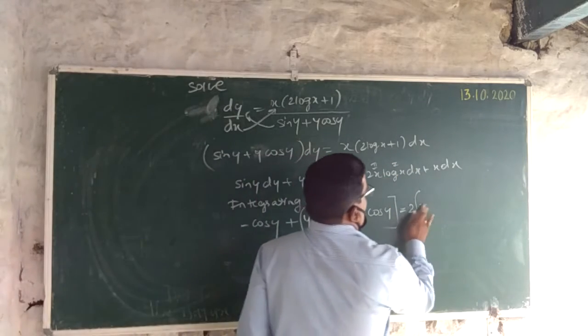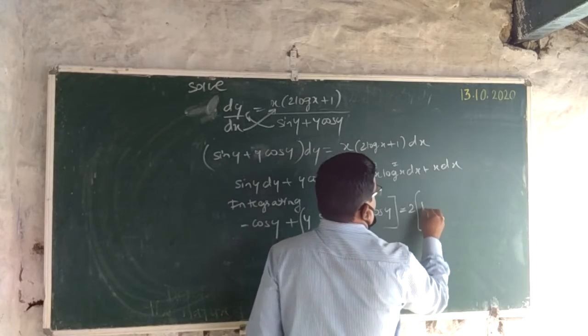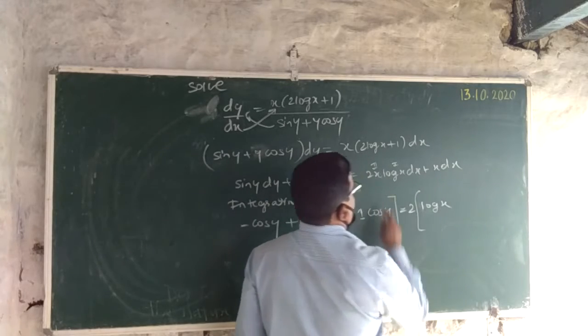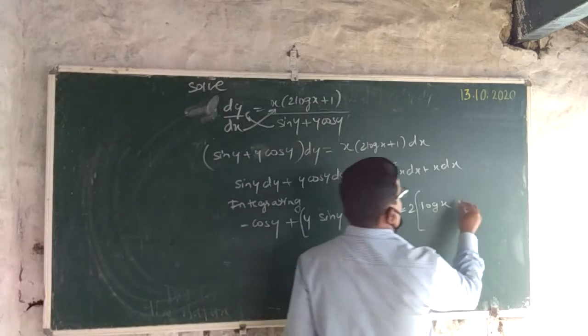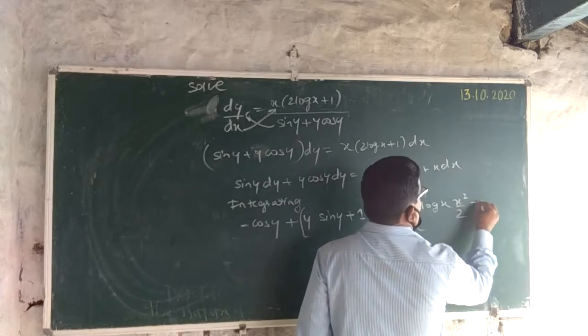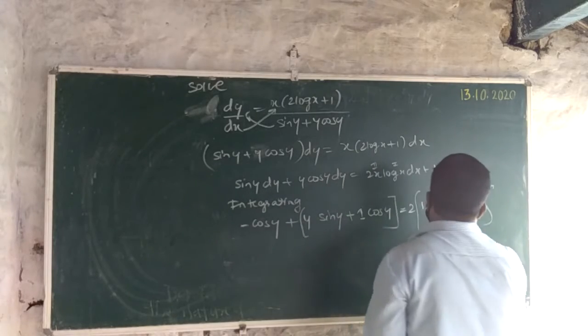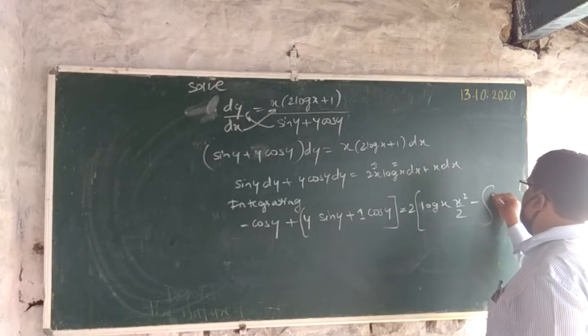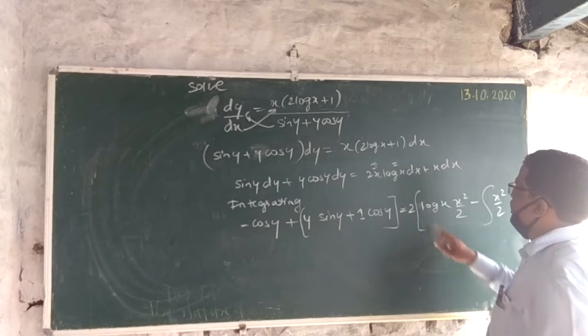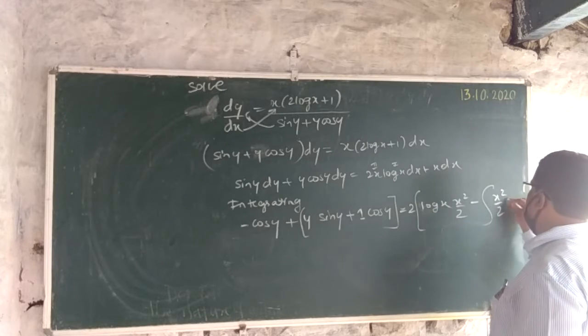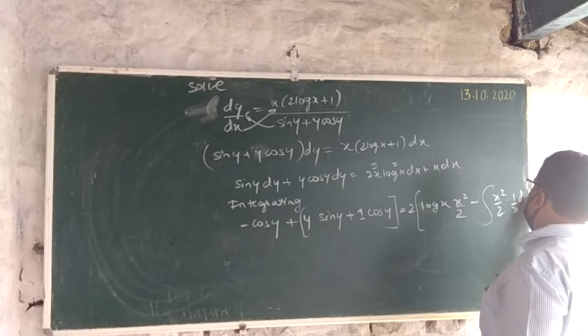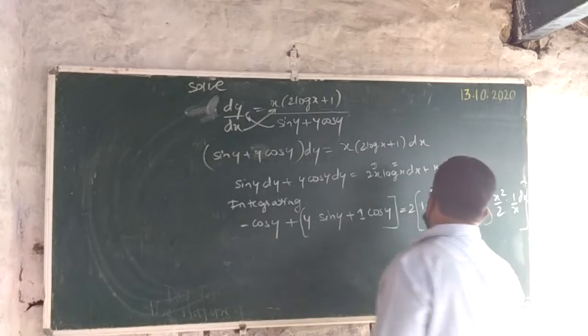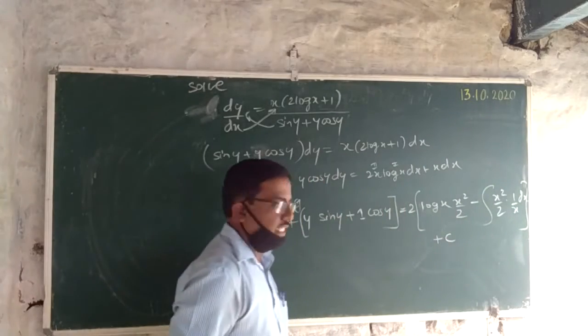So by integration by parts, write first function as it is, log x. Now integration of second function, that is x, is x square by 2. Next minus integration of x square by 2 into differentiation of first function log x, that is 1 by x dx, plus integration constant, that is c.